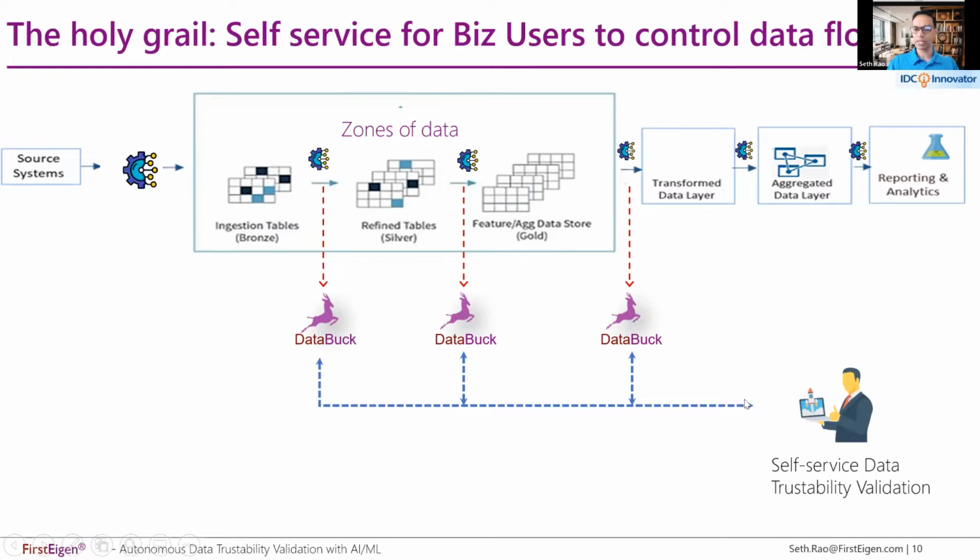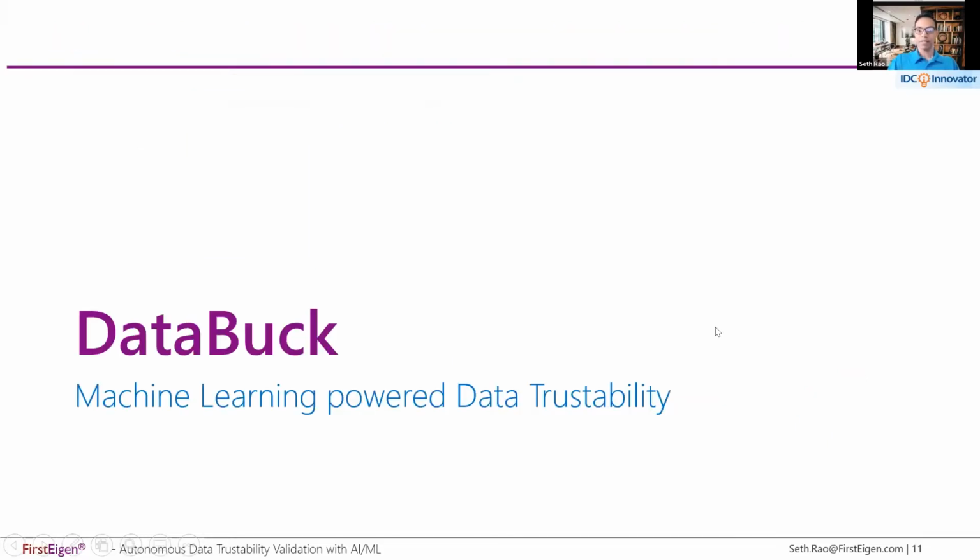They can then tweak and communicate back to the sensor whether the pipeline should be tweaked, should be stopped, or is okay to go. So the business user gets complete control over the pipeline because they get a sense of the trustability. Now, what I'm going to do is quickly switch into a few minutes of demo of what exactly Databox does and how easy it is to implement it.